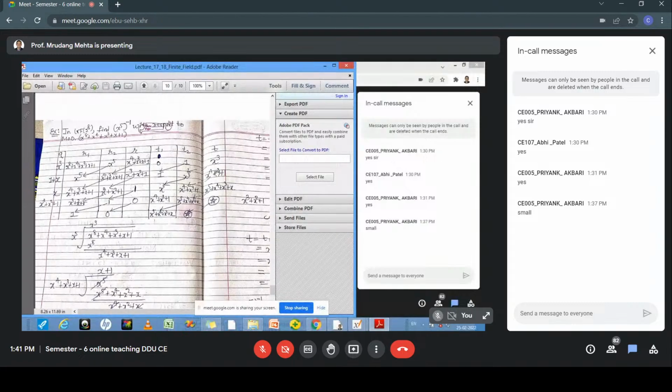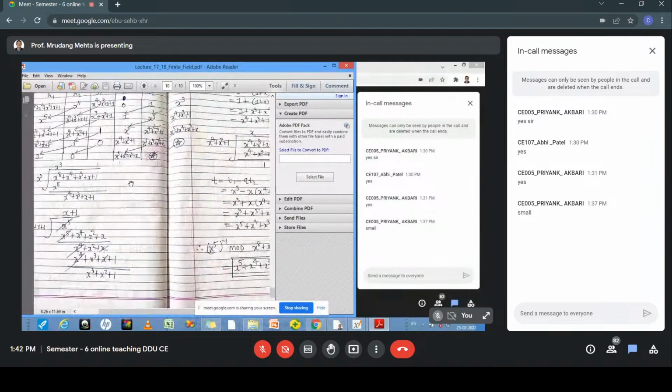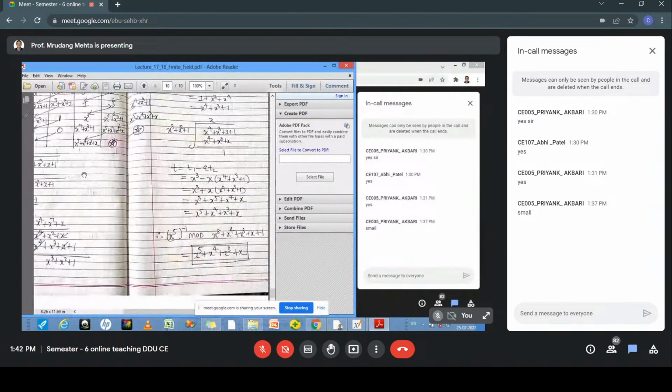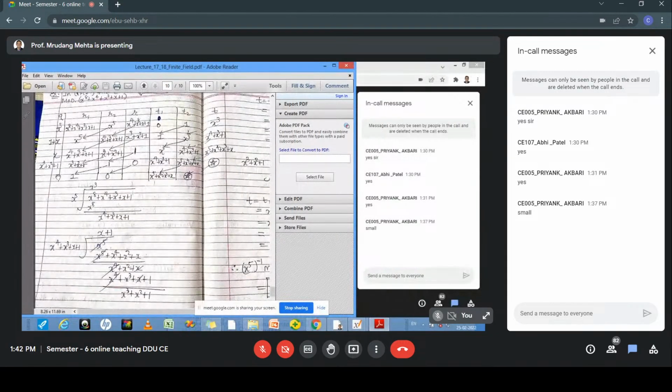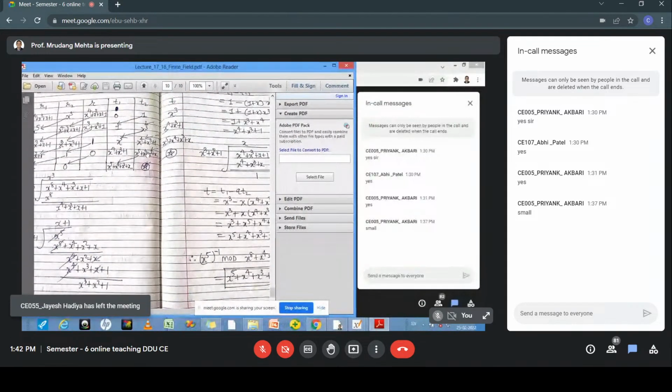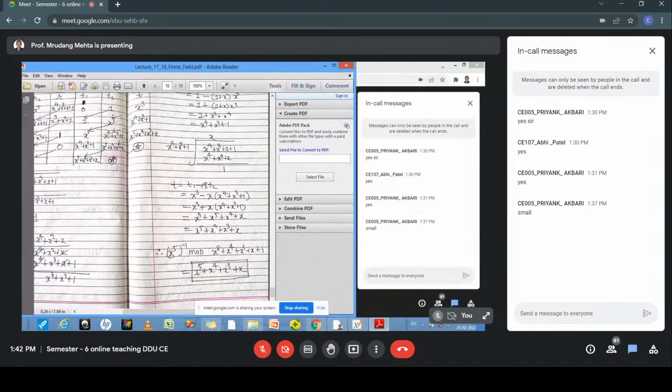That becomes our t. So when we shift it over here, and finally when we perform the last operation where we get r1 equal to 1, at that time our t1 becomes x raised to 5 plus x raised to 4 plus x cube plus x. That is shown over here.